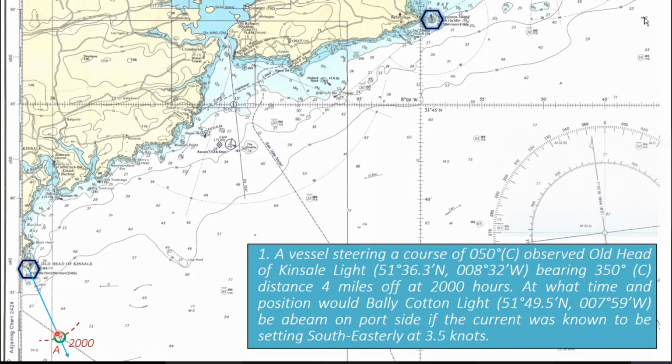So starting from point A, I am going to mark off my CTS vector, that is course steered vector, for a period of 1 hour. So let's mark off our CTS vector. So you can see this dark blue color vector here.